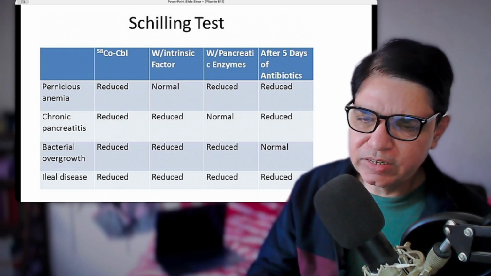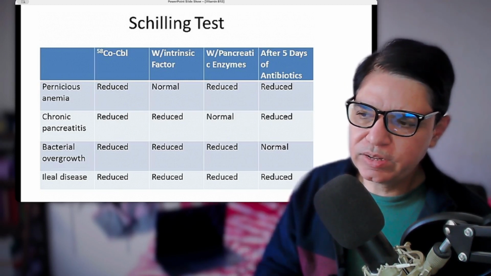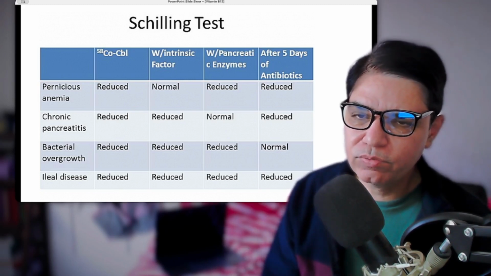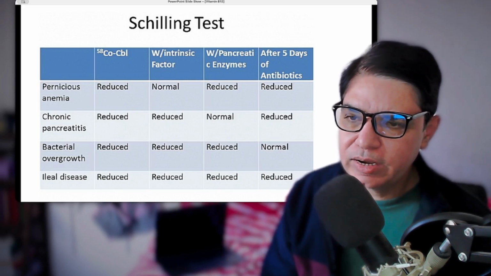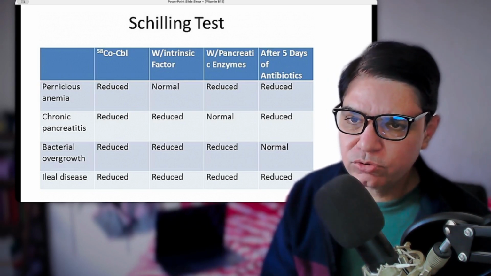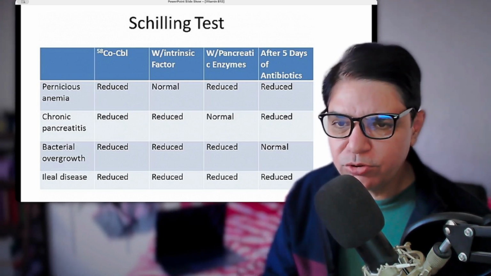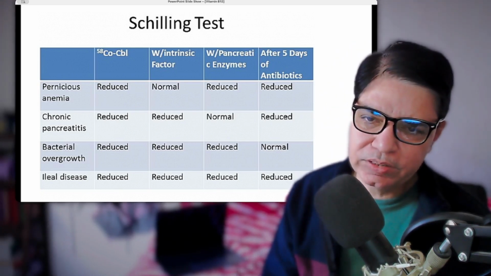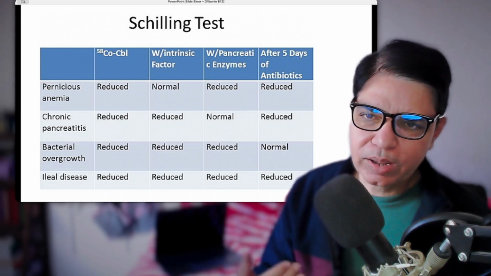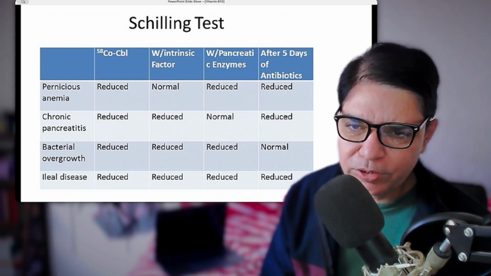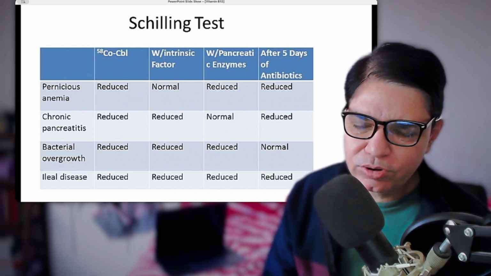If you give a heavy dose of vitamin B12 labeled with radioactive cobalt 58, some of it would go into the urine. If it is getting absorbed into your body, then only would it appear in the urine. If it is not absorbed, you would not get that in your urine.